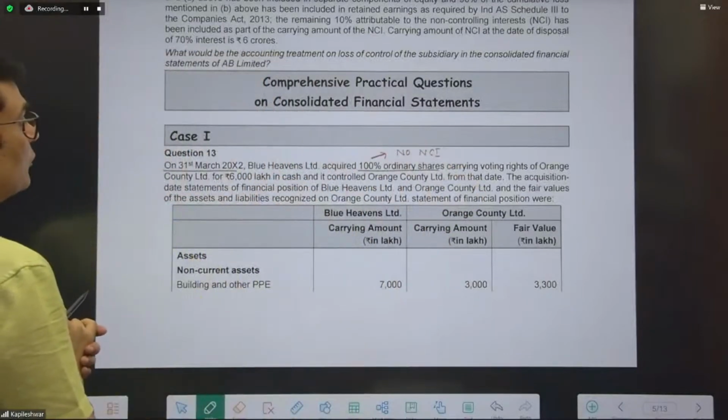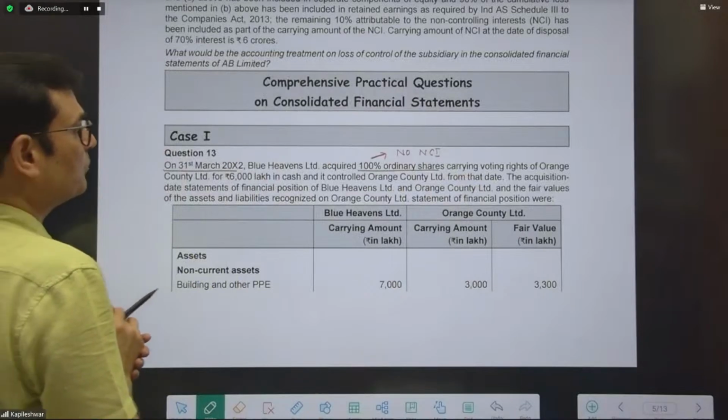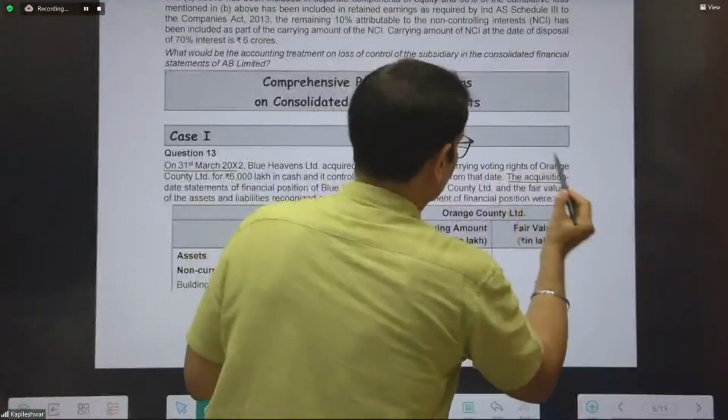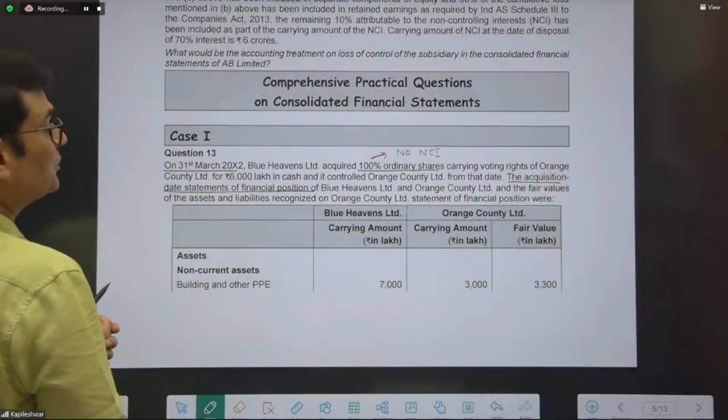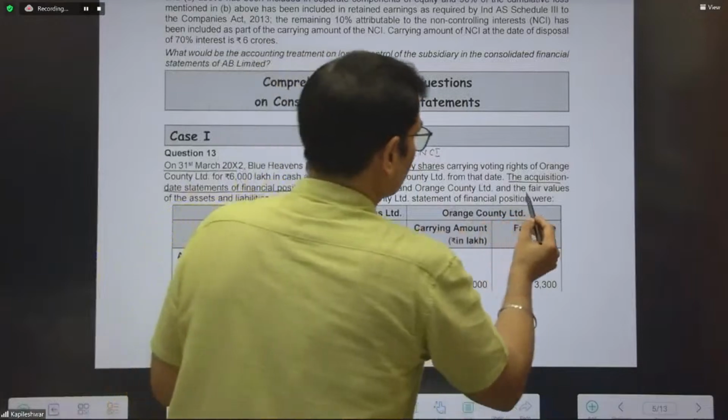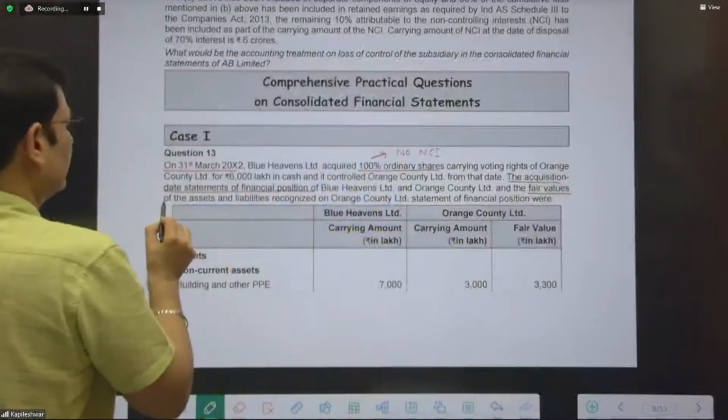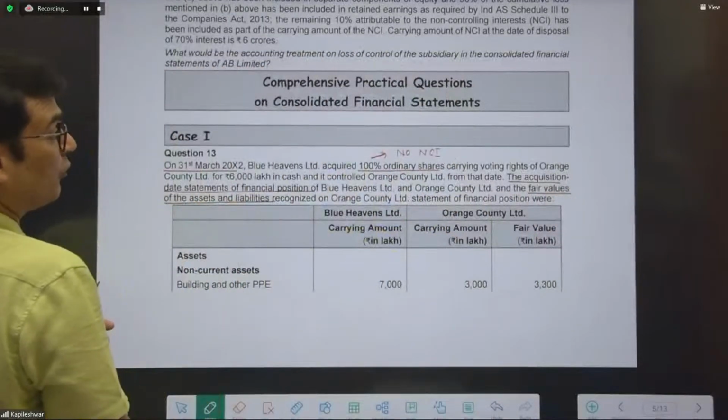Then it gives the acquisition date statement of financial position. So you are given the individual balance sheets of both the companies on the acquisition date, and we're also given the fair values of the assets and liabilities of Orange County.